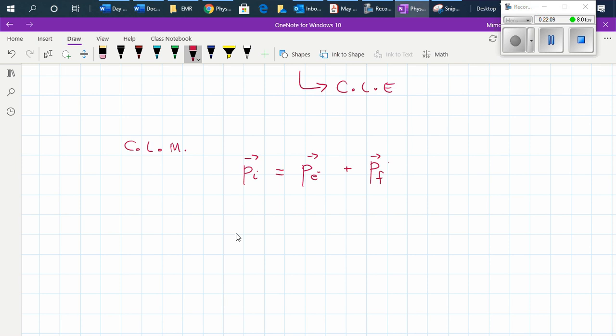This is the momentum of the incoming photon or X-ray, this is the momentum of the electron after the collision, and this is the momentum of the scattered X-ray.